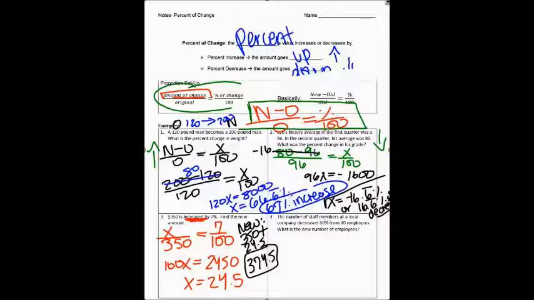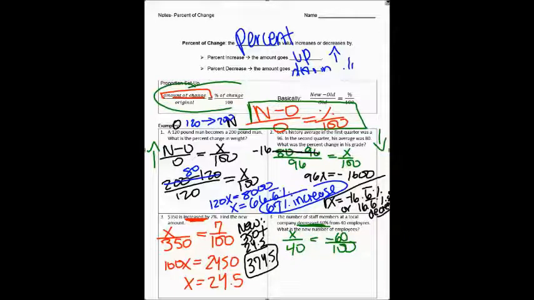For number 4, if we use the same exact way, we know that the percent is negative 60 over 100 because it's a decrease. Our original is 40, and we're looking for the amount of change.